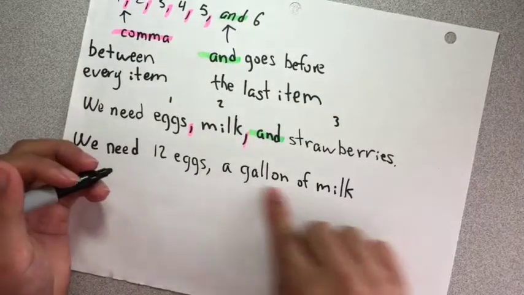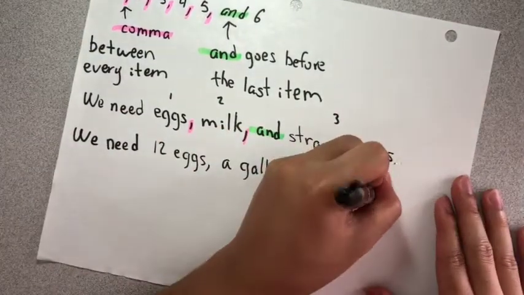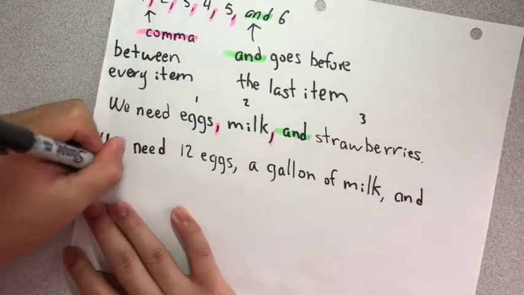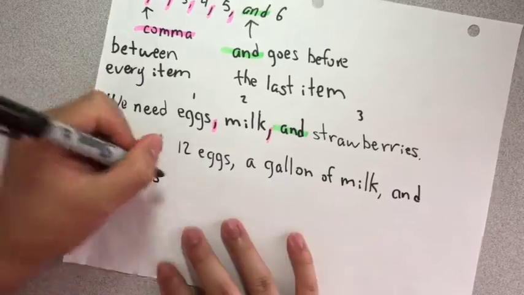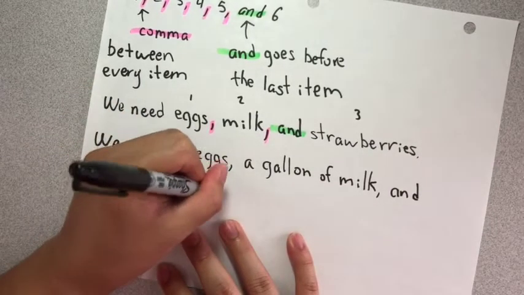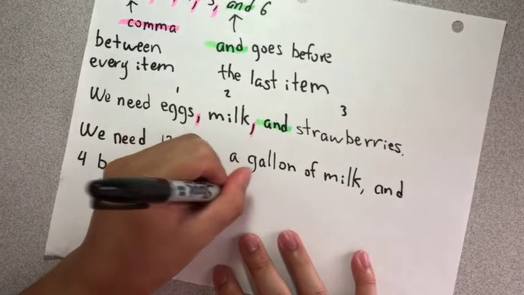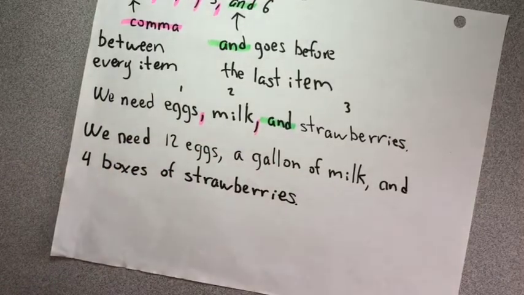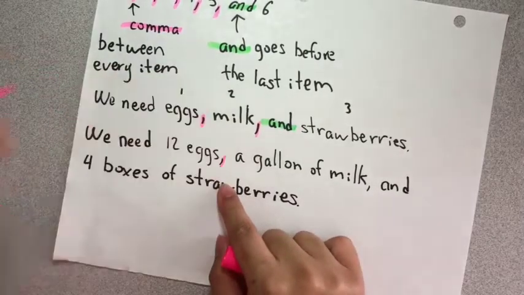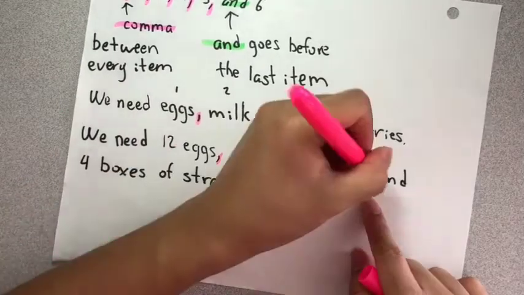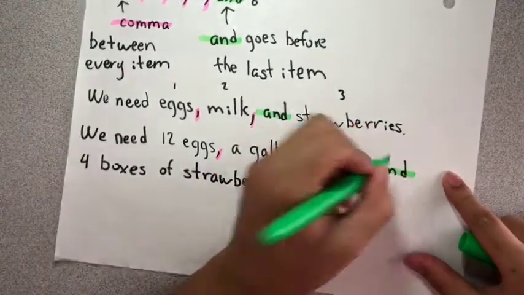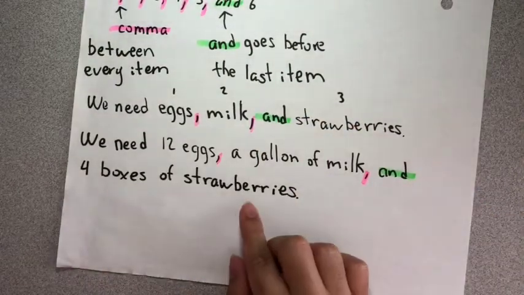So we need 12 eggs, a gallon of milk, and 4 boxes of strawberries. So we have 12 eggs, comma, a gallon of milk, comma, and 4 boxes of strawberries.